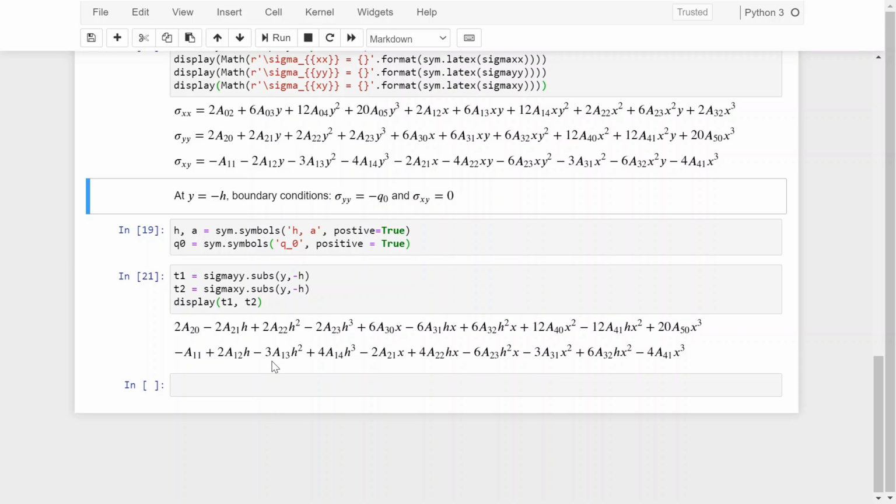In a similar fashion, considering T1, we note that this T1 has to be equal to minus of Q naught.